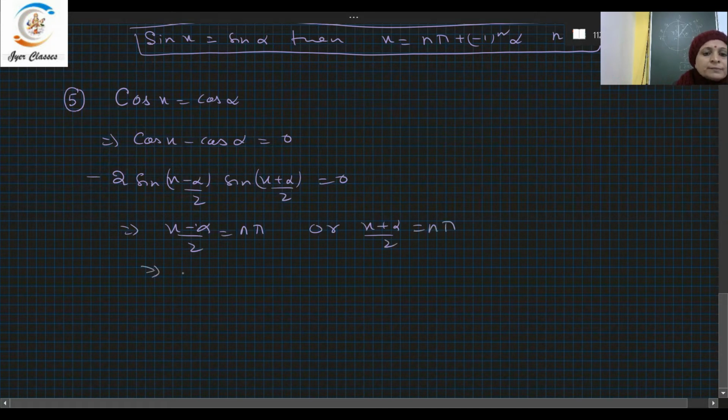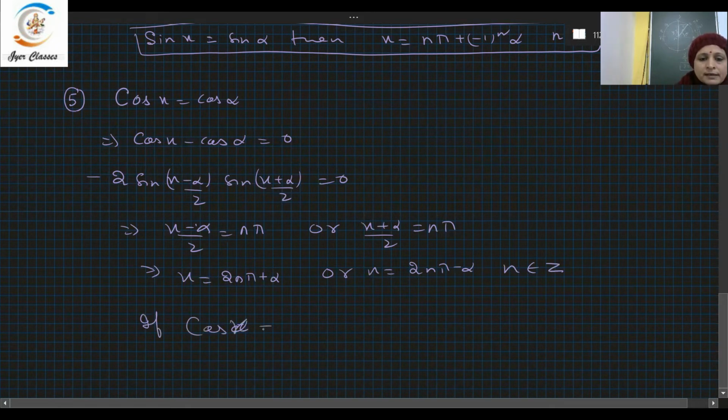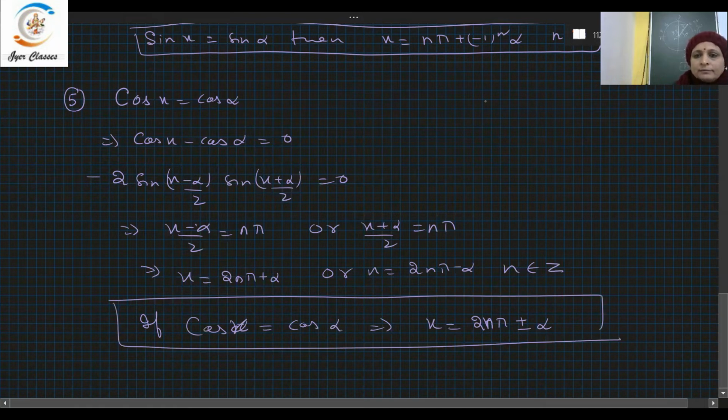Or you can write x is equal to 2n pi plus alpha, or x is equal to 2n pi minus alpha. So why can't we put this as one simple solution now? Or n belongs to क्या आएगा? Set of integers. So if cos x is equal to cos alpha, इसका मतलब x की वैल्यू 2n pi plus or minus alpha हो जाएगा. Rather simple? Yes. Note this down.